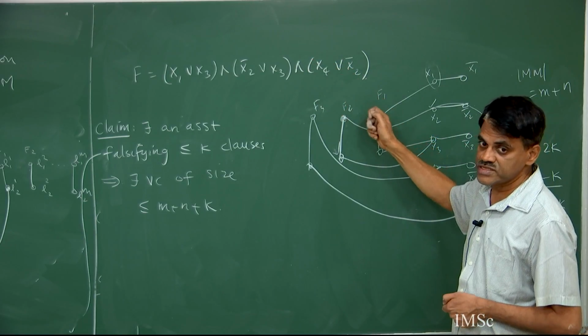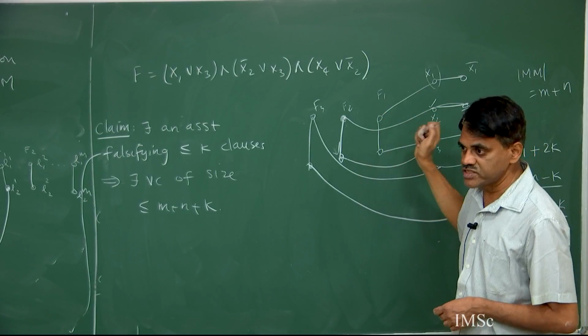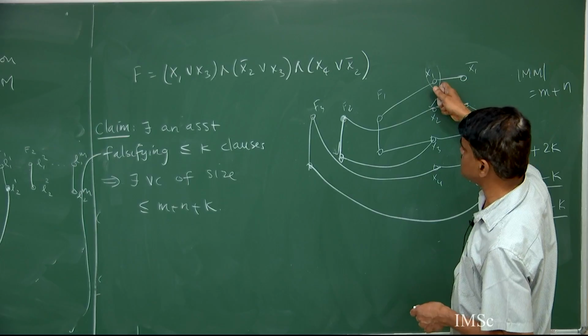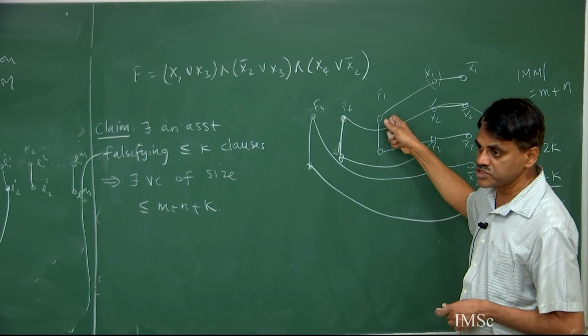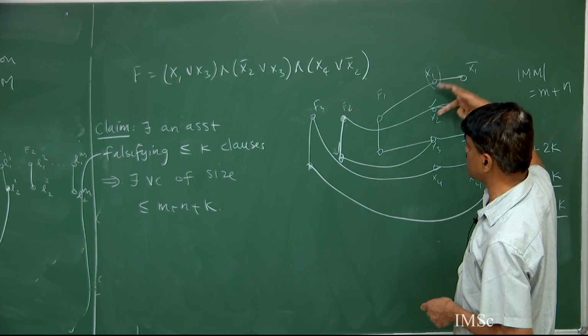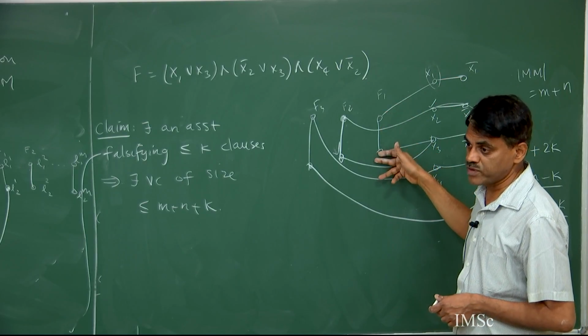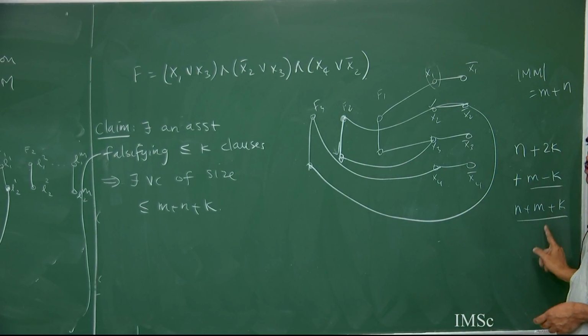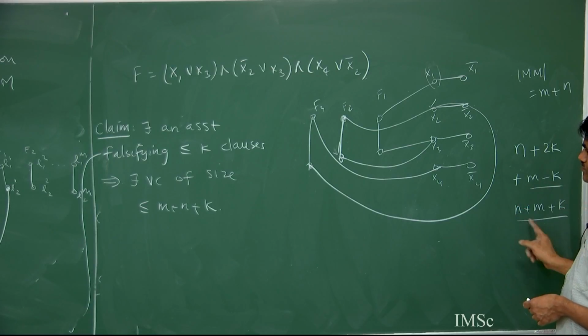So, there is a literal which satisfies it, so the corresponding vertex on the other side must have been already picked into the solution. So, you are free to pick the other vertex. Maybe both are picked into the solution, then you just pick arbitrarily one of them. Okay. So, just one for each of the remaining clauses is enough to get a vertex cover of this size, right. So, that is one direction.